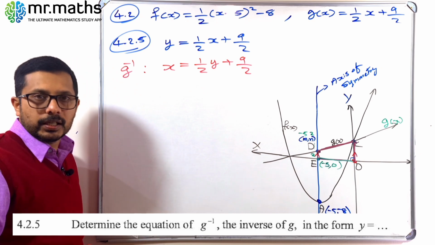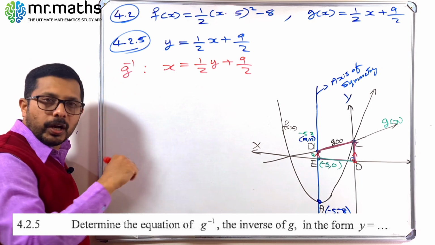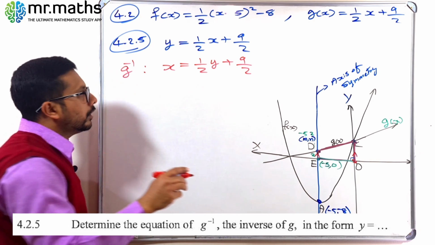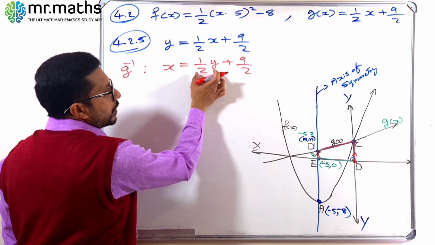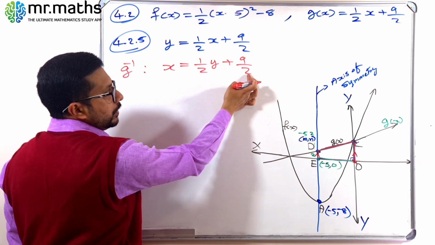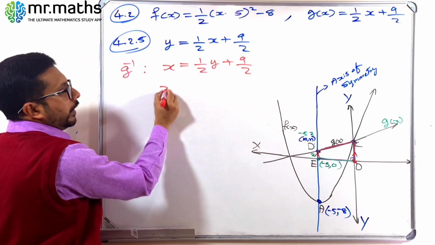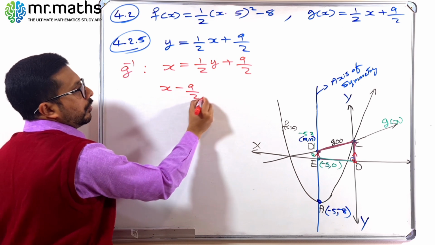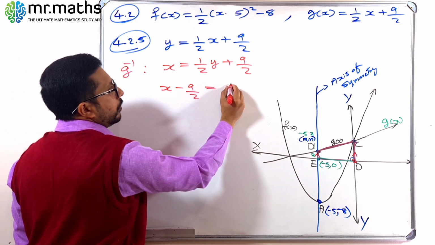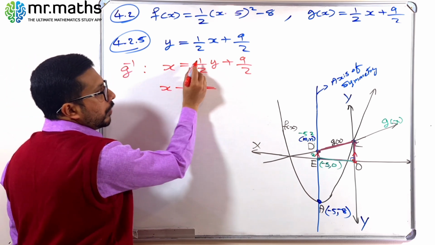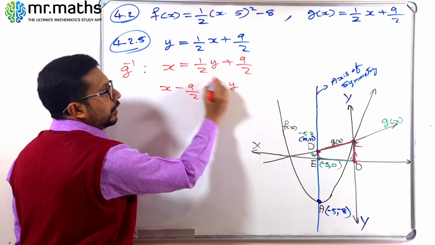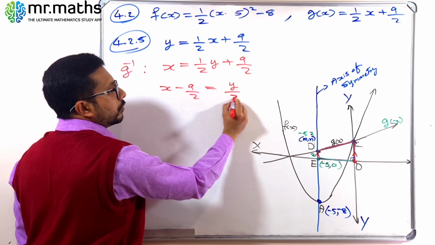We can't leave the answer like this. They want the answer y is equal to. So leave the y term here and take this 9 over 2 to the other side. So x minus 9 over 2 is equal to half times y, which is y divided by 2.